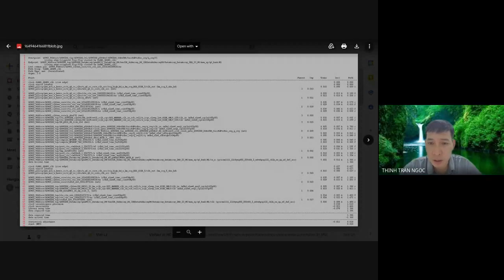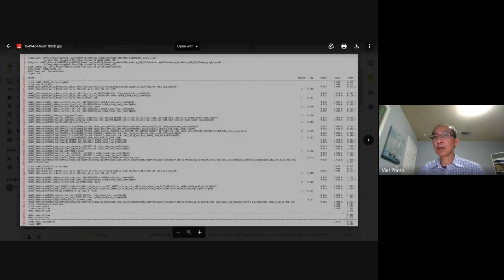We have Xcelium 19.1. Oh, that's quite new. Not the latest, but it's still good. I think for the purpose of the class, it's good. Then Genus has its own STA engine.